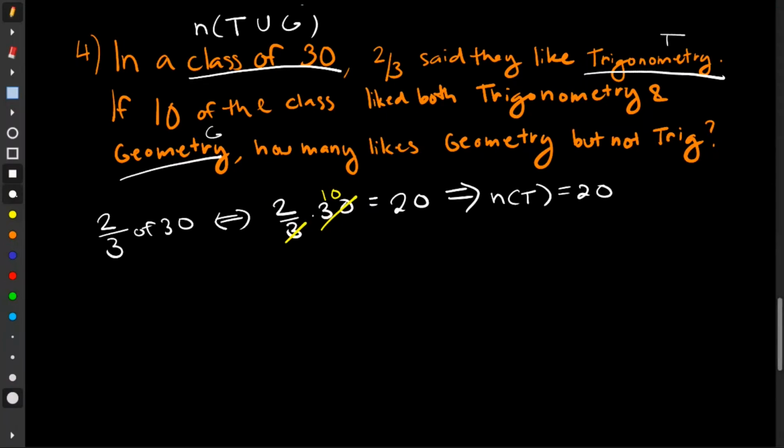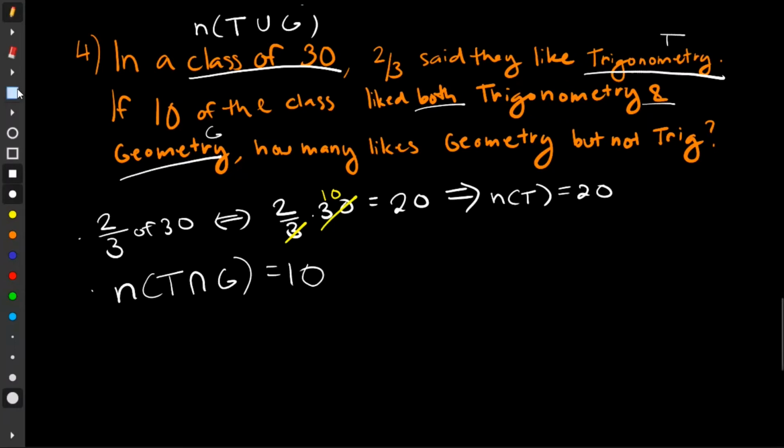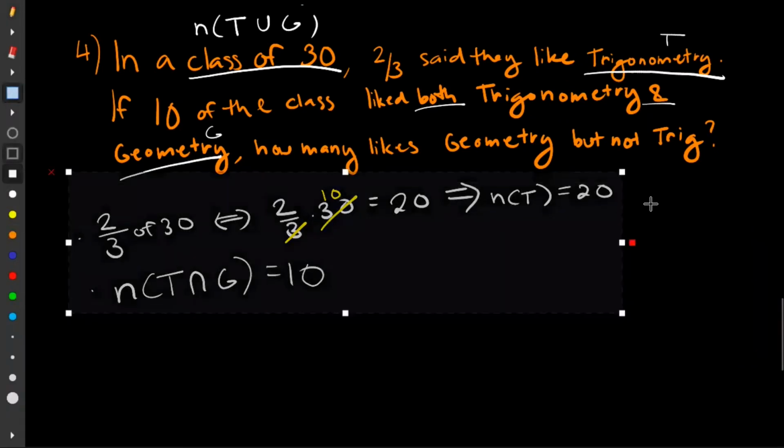Now we also have that some of the class like both trigonometry and geometry. So we again have the keyword both and n. So that is simply T intersection G is equal to 10. So let's first simplify some things here to avoid confusion.